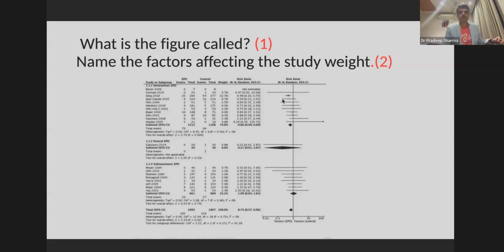For example, if I'm comparing NEC in probiotics versus controls, and you have two studies with 100 patients each, the study with higher NEC rates will get the higher weightage. So it is the number of patients and the number of events.